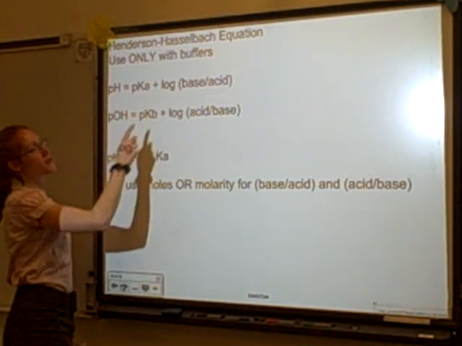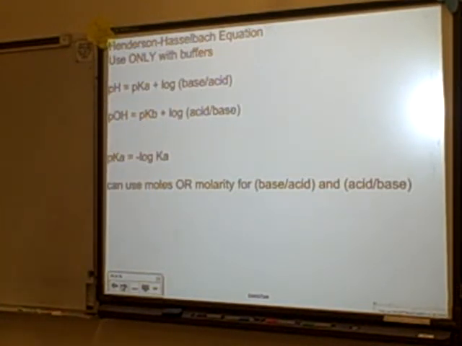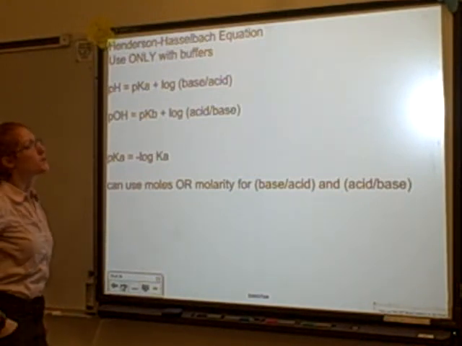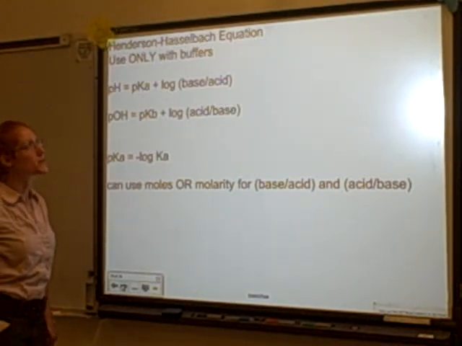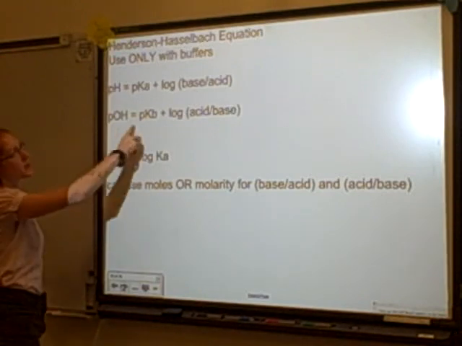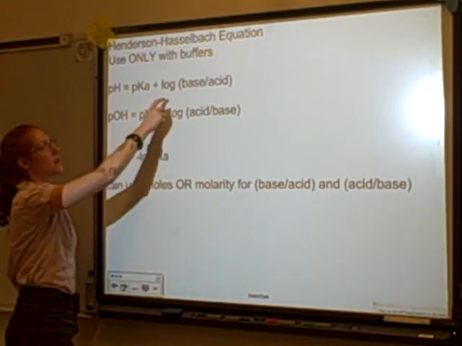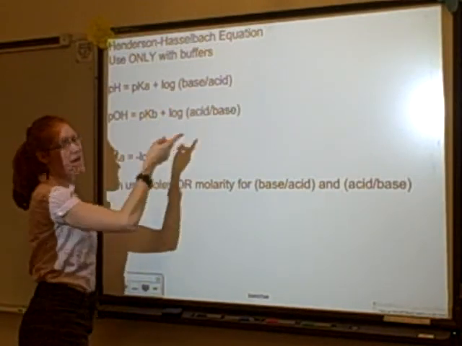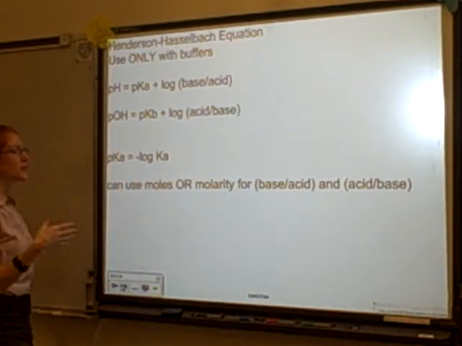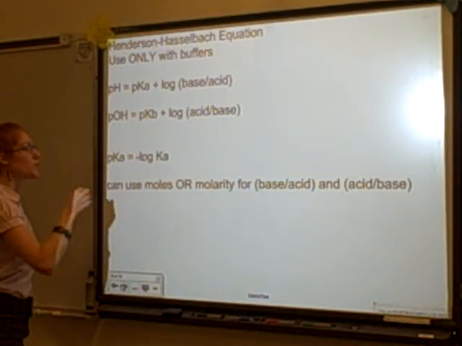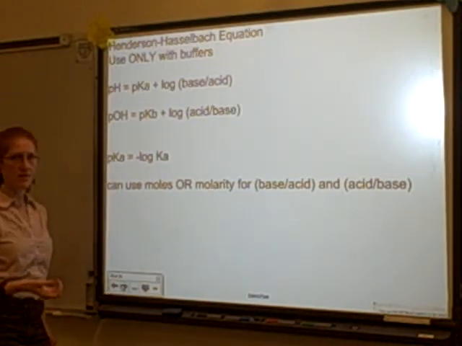This is the equation you're going to find on your Greg sheet. It's pH equals pKa plus log of your base over your acid, your weak base over your weak acid. pOH is the same thing, but opposite. So instead of pKa, pKb, instead of log of base over acid, it's acid over base. pH is the negative log of H, so pKa is the negative log of the Ka.